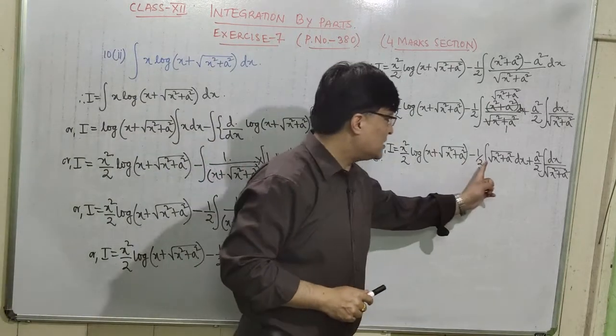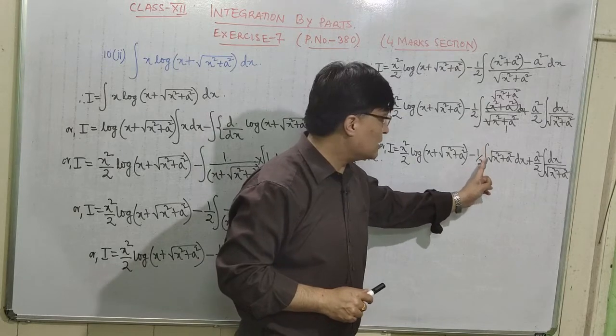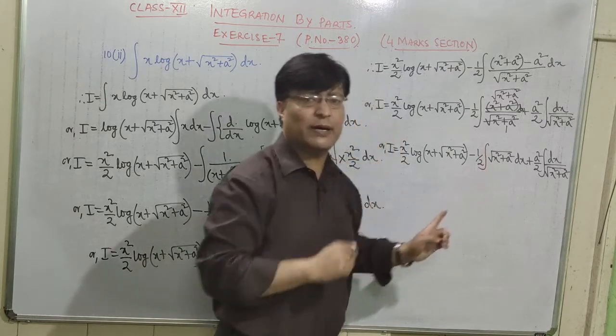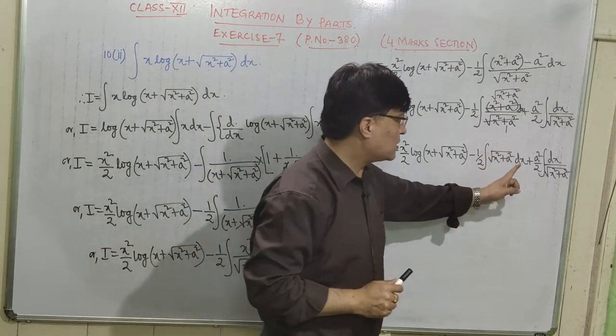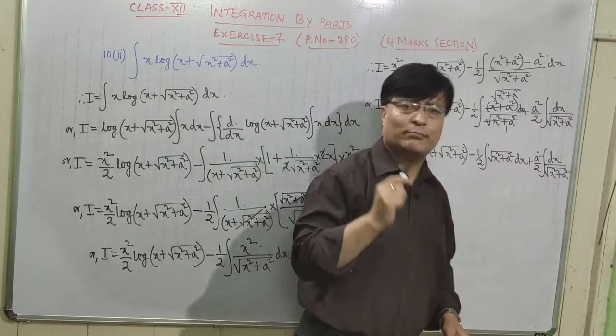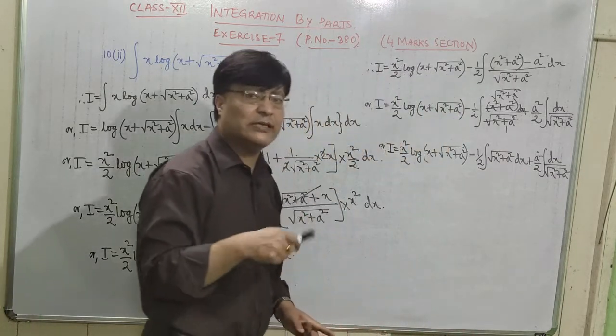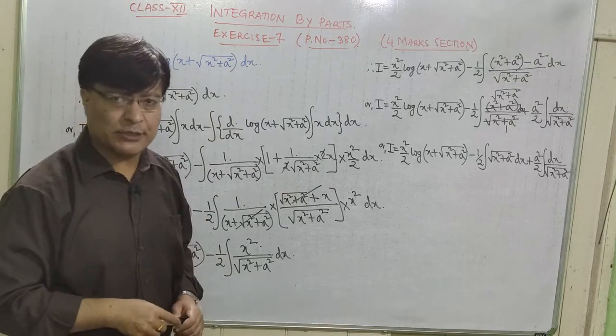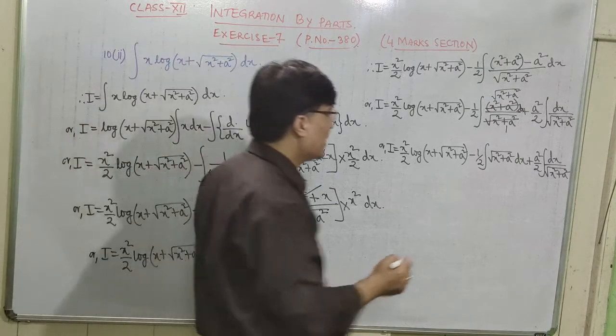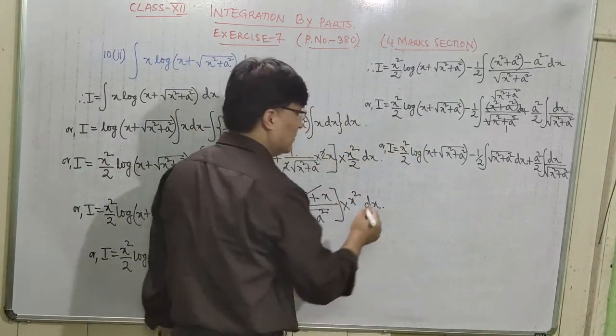So now the second integration is a standard integral from integration by parts. And this third is also a standard integration, but from the method of substitution. So we can evaluate this integration again.